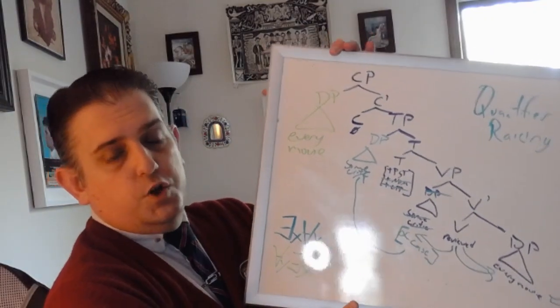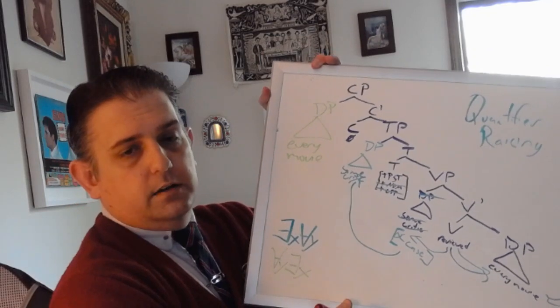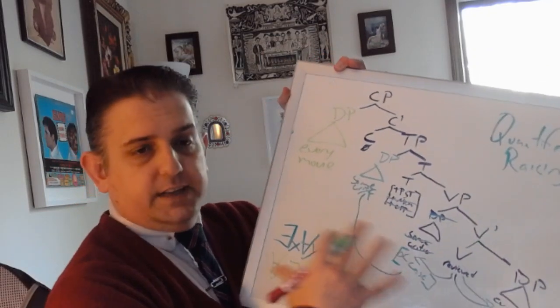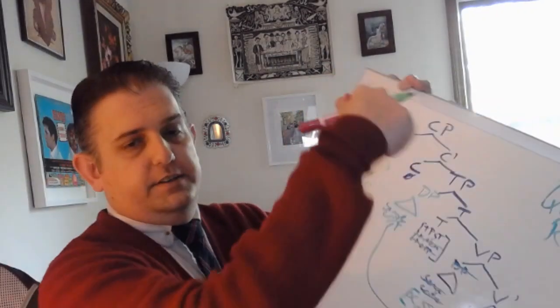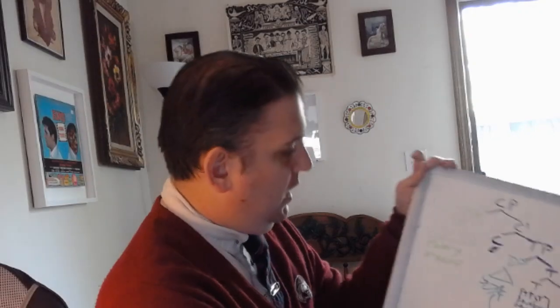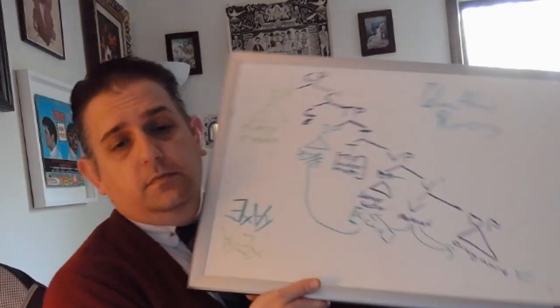And notice that it is not changing the pronunciation. The critical thing is it doesn't change the pronunciation. This is happening after the derivation is split. There are languages that arguably do have this earlier, before the derivation split. Like Hungarian arguably does this earlier. But English does this later.